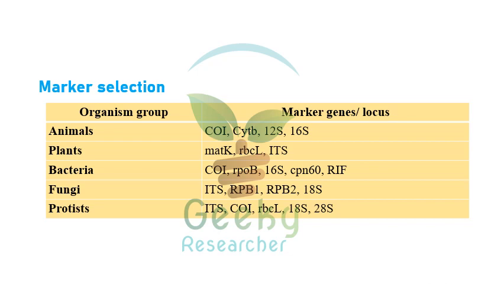For fungi, ITS; the most commonly used marker or locus is ITS, internal transcribed spacer. Also RPB1, RPB2, 18S. For protists, also ITS, COI, RBCL, 18S and 28S are the different markers or loci that can be used in the identification of these organism groups.